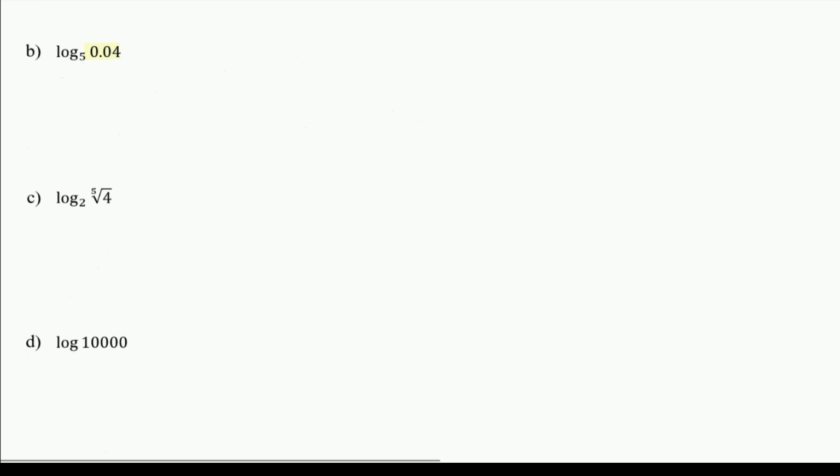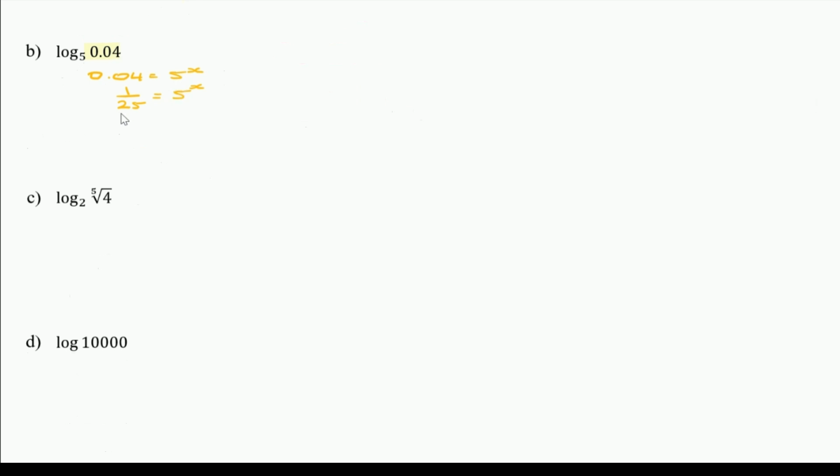So 0.04 is equal to 5 to the power of something. I do not know what it is just yet. However, if I put this into my calculator, this gives me that 1 over 25 is equal to 5 to the power of something.